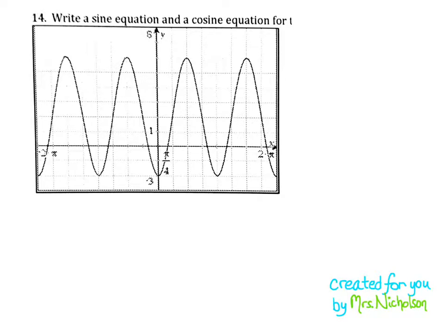And so let's identify our midline first of all. Looks like my midline is right here. And so I'm looking for a place where the graph is hitting the midline and going up. So I could choose this point right here. And I'm going to let that be the corner point for my window pane. So I'm going to sketch in down to the minimum. Here's the maximum. And then it looks like my cycle is completed right here.